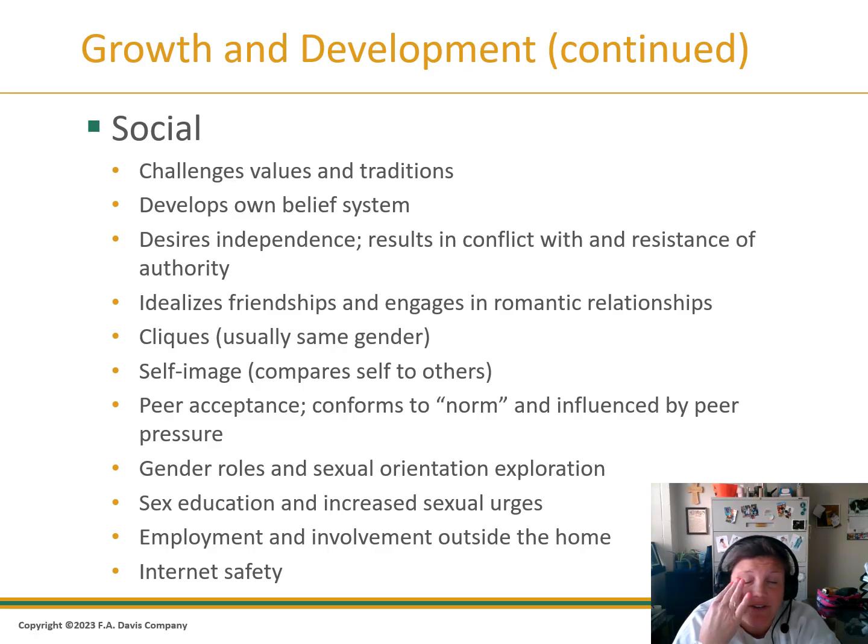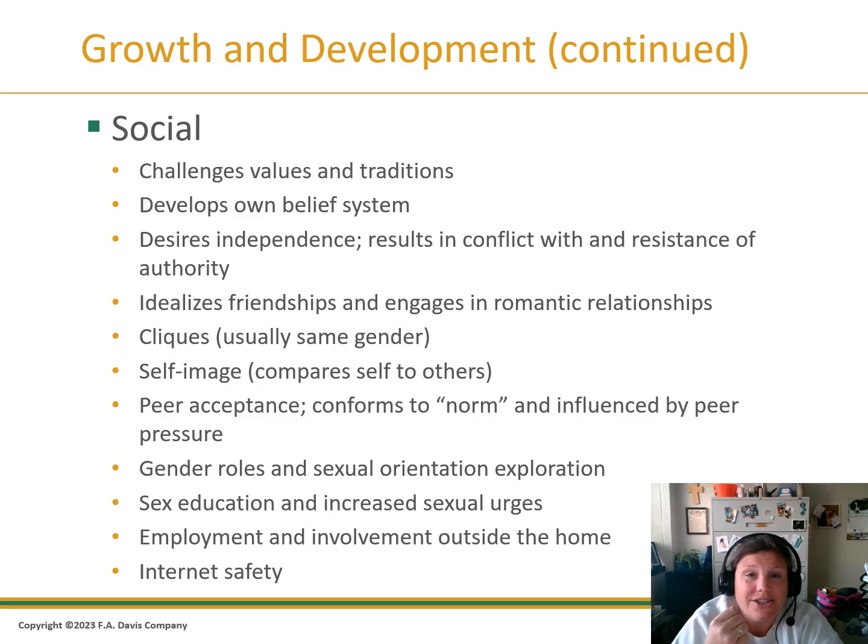They are very, very concerned with peer groups, and peers tend to hold more weight for the patient than family members do. We'll see a lot of conforming to what other kids are doing. That's why peer pressure is a concern, definitely in this age group as well.